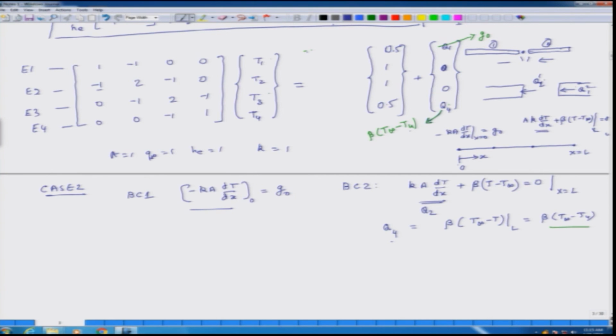So the next step which I do is that I transfer this T4 to the left side. The first step was replacing Q4 by this term, and now I transfer this. So on my right side I still have beta times T infinity, and on my left side I get an extra term beta here.